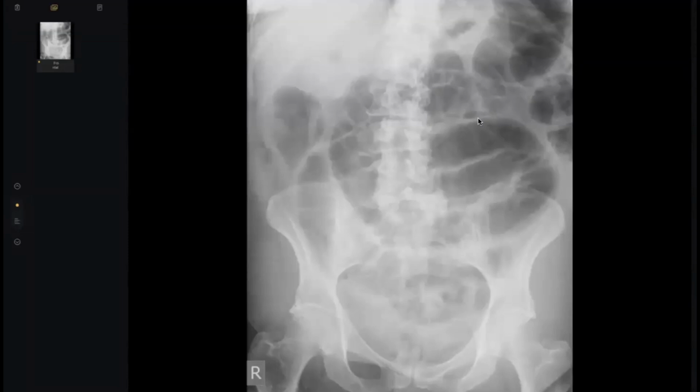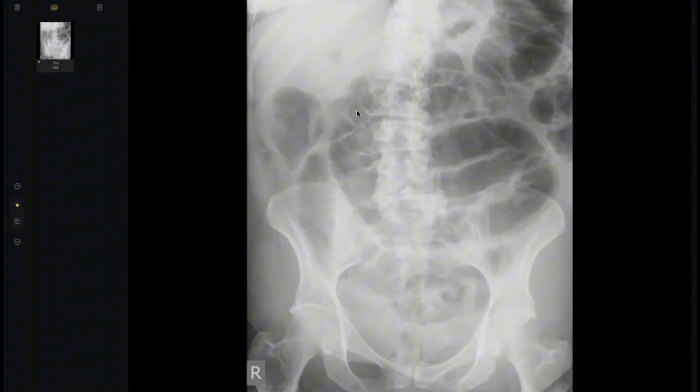Assalamu alaikum, sir. This baby has a distended abdomen. Sir, I am provided with an X-ray abdomen, frontal projection. I can appreciate multiple dilated small bowel loops which are central, and there is air in the rectum.